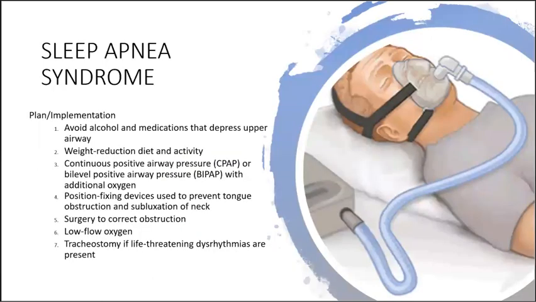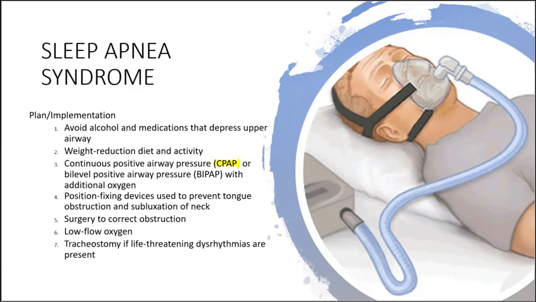In planning for this patient, we want to avoid alcohol and medications that depress the upper airway. Again, weight reduction, diet, and activity should be planned. For severe cases, if the client is hypoxic and hypercapnic, we will have to place him on continuous positive airway pressure, which is called your CPAP.